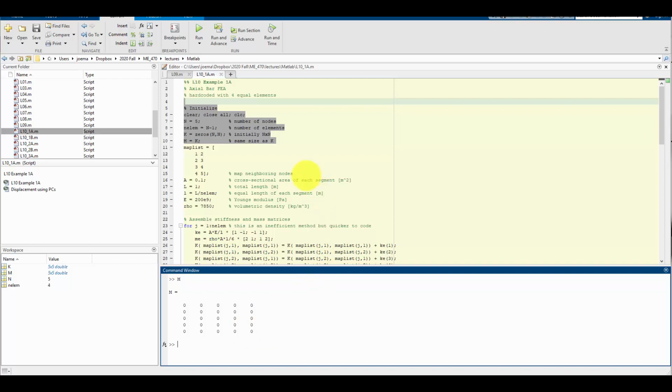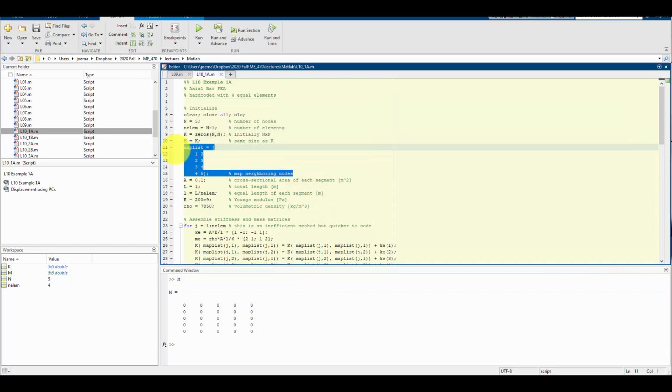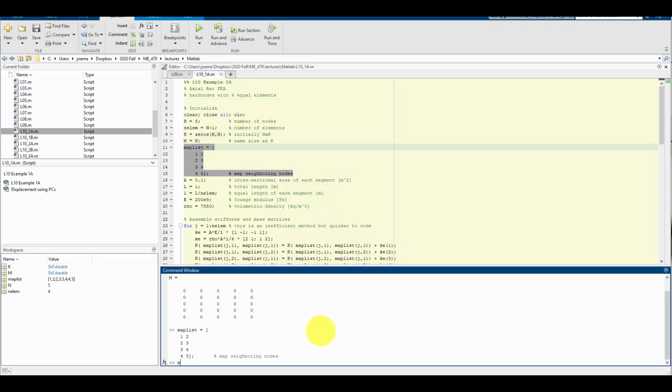And I'm going to make this map list vector. So we see here, if I type out what map list is, each row is just what's the left node and the right node for the elements as I go from row 1, 2, 3, and 4, corresponding to elements 1, 2, 3, and 4. And we'll see how that works when I am going through my assembly technique.